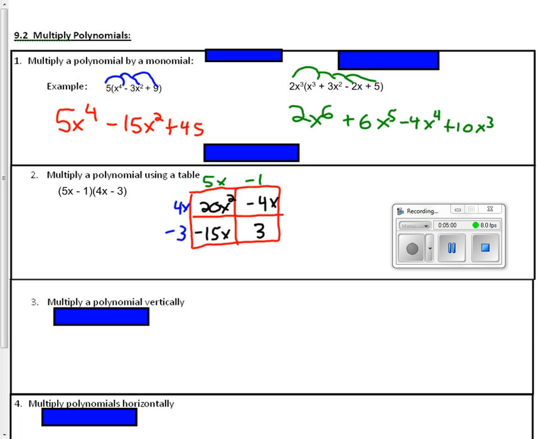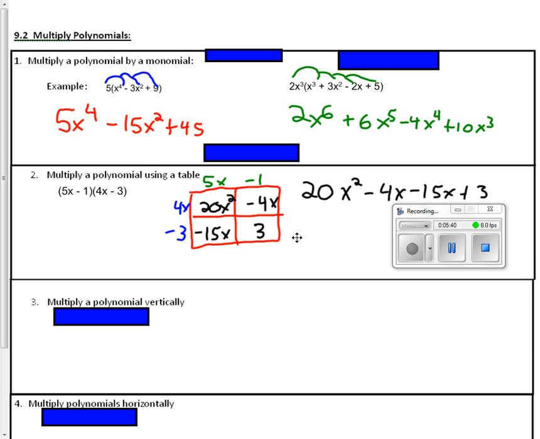Alright, after we have that, we can write it all out. So if you want, you can write it all out. Or you can kind of put the terms together. We're going to write it out first, though. So we have 20x squared minus 4x minus 15x plus 3.